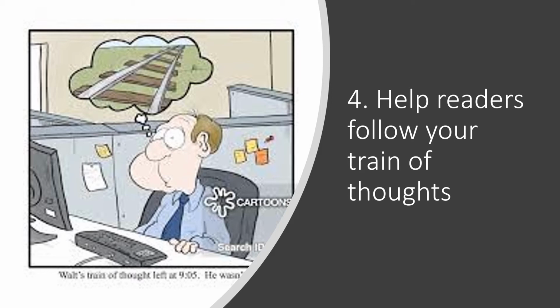Make sure you provide transitional phrases, sentences, and paragraphs that help your readers follow your train of thought. Remember, you are the expert here, not the readers, so the readers might get lost if you provide too much information. If one idea, paragraph, or section leads logically to the next, then say so.